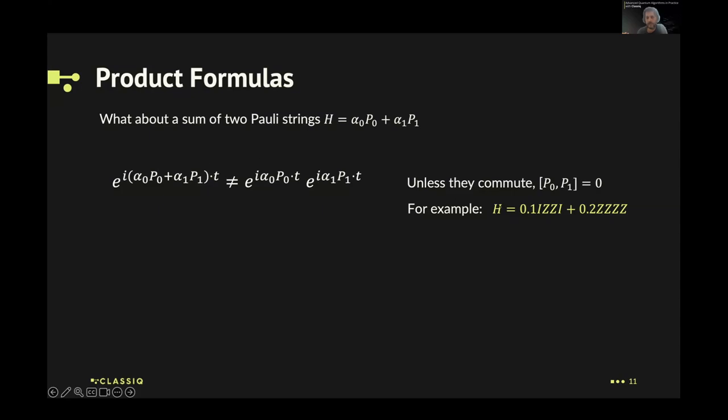But this is a very specific case. For example, here it is true, but I can replace Z by X, or by Y, and it will not hold. So we cannot implement this as a product of these two unitaries. And this is one of the reasons that we resort to approximated implementations when we look at Hamiltonian dynamics.